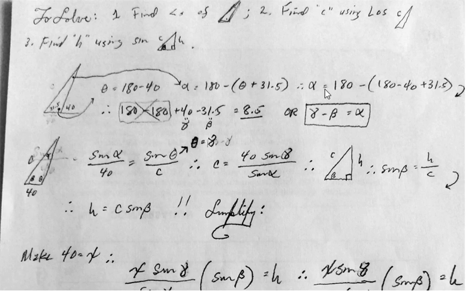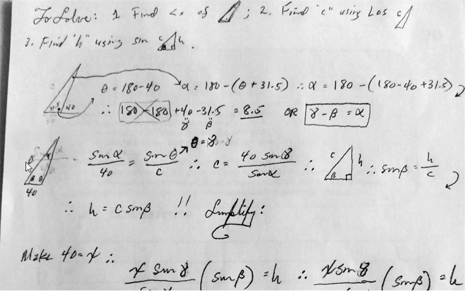So alpha equals 180 minus theta, which is 180 minus 40, plus 31.5. So we're substituting, right? The 180s cancel out, and it gives you 40 minus 31.5. We're going to call 40 gamma, and we'll call 31.5 beta. So we come out with 8.5. Now, we can also say that gamma minus beta equals alpha. That's just using some identities and some substitution.